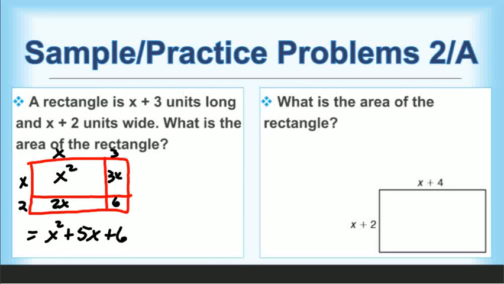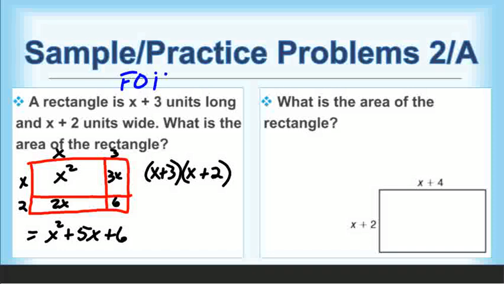Another way of solving that one would be taking your x plus 3 times your x plus 2. And we would use what they call the FOIL method. F-O-I-L. The F stands for the first term in each binomial. So x times x is x squared.